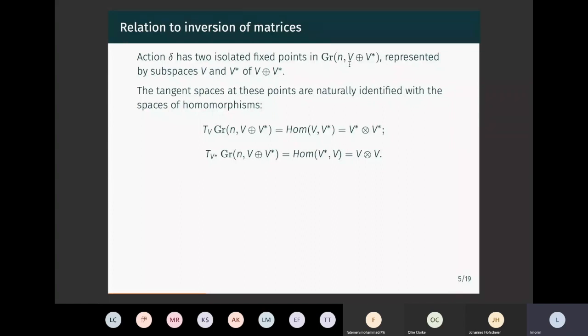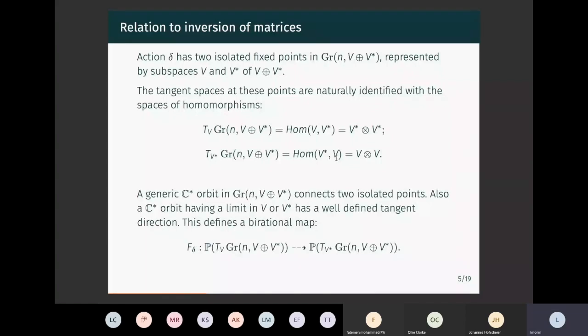You can describe the fixed point loci, and there are no more isolated fixed points. Moreover, the tangent spaces at these points are naturally identified with homomorphism spaces, one from V to V dual and another from V dual to V.